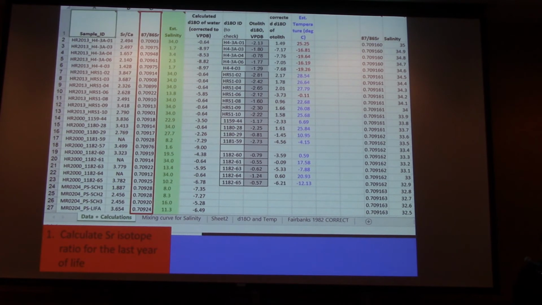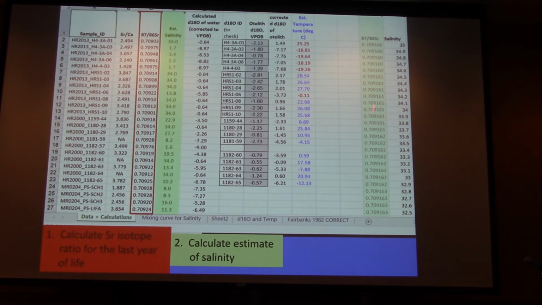And that gives you that row, 1 cell for each fish. The second step, we then take that to calculate an estimate of salinity that each of those fish was exposed to. And this column really just uses a function in Excel that looks at column L, way over here, of strontium isotope ratios, and it returns a value of salinity from the next column over.